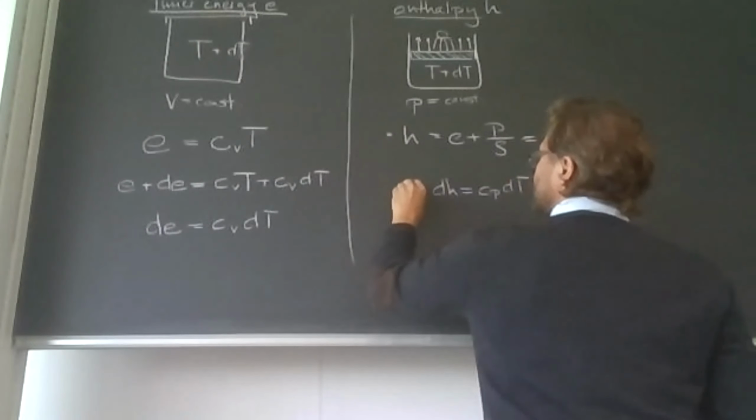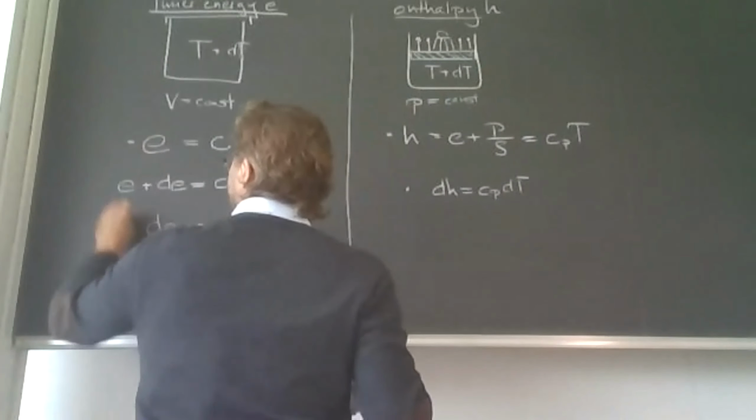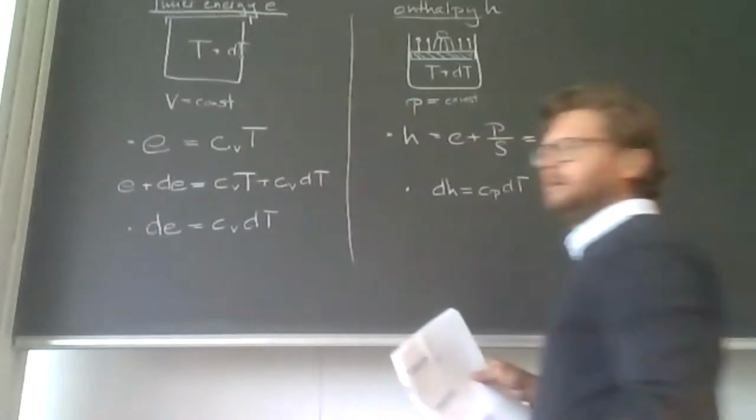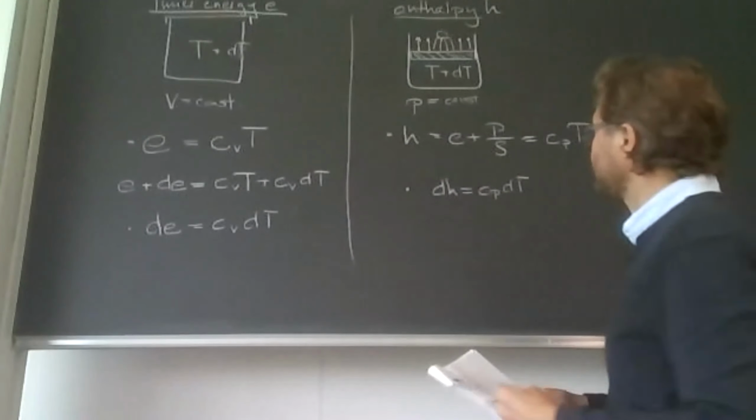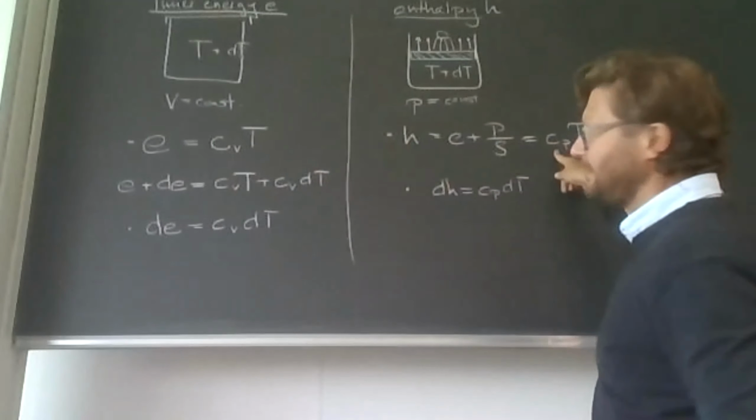So these are the two forms for the enthalpy, and these are the two forms with the differential form for the inner energy. And of course, you can relate Cv and Cp.